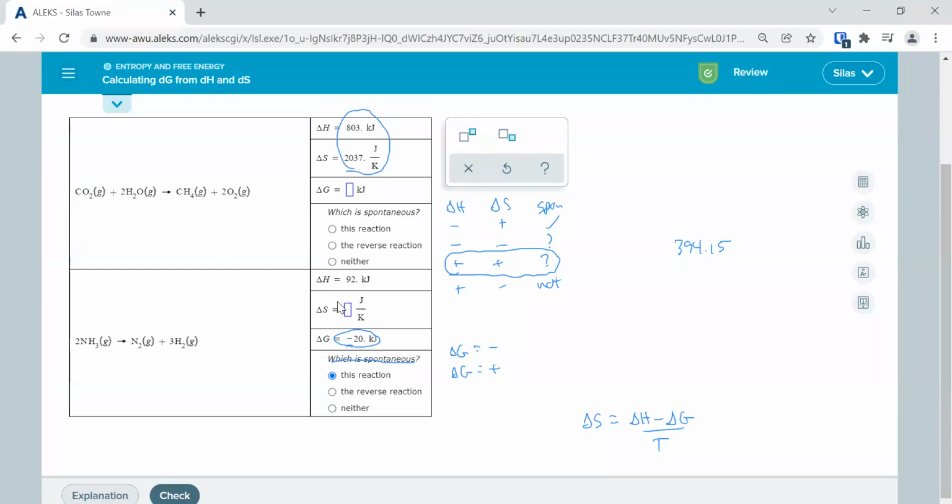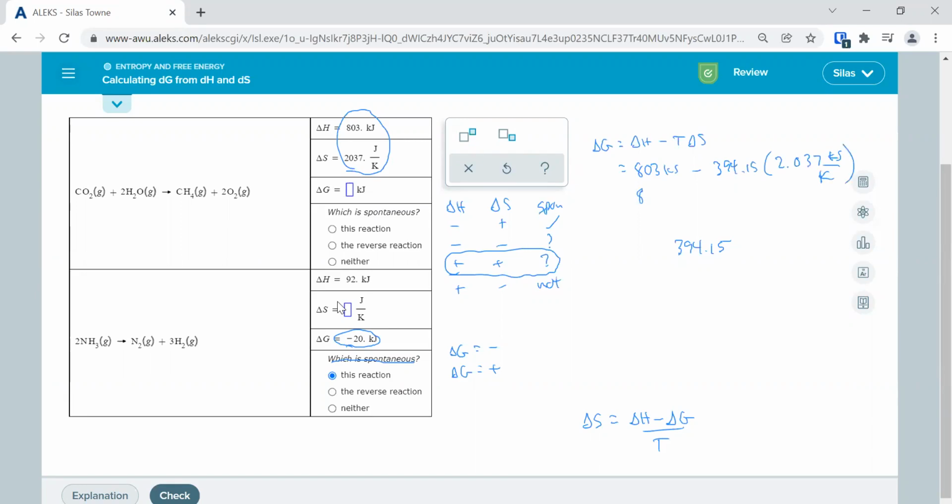Let's use our equation. Delta G equals delta H minus T delta S. We're going to say 803 kilojoules minus 394 times, I'm going to go ahead and divide by 1,000, and I get 2.037 kilojoules.